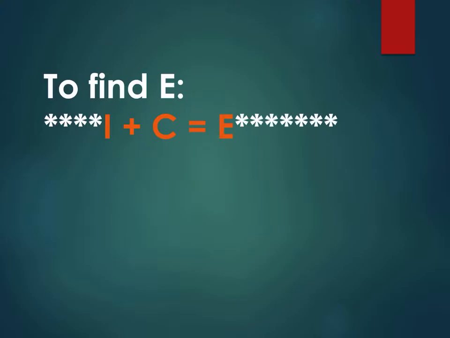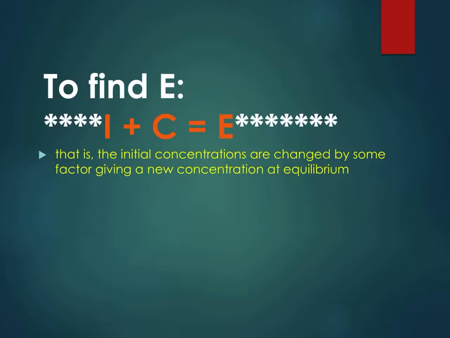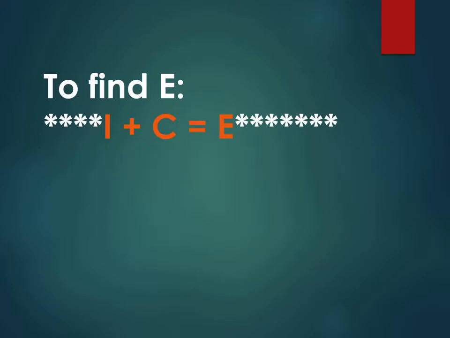Okay, so when we do an ICE table, you're often looking for the E line, and so what we're going to do is I plus C equals E. So whatever's in the initial line plus whatever's in the concentration line is going to equal what's at equilibrium.